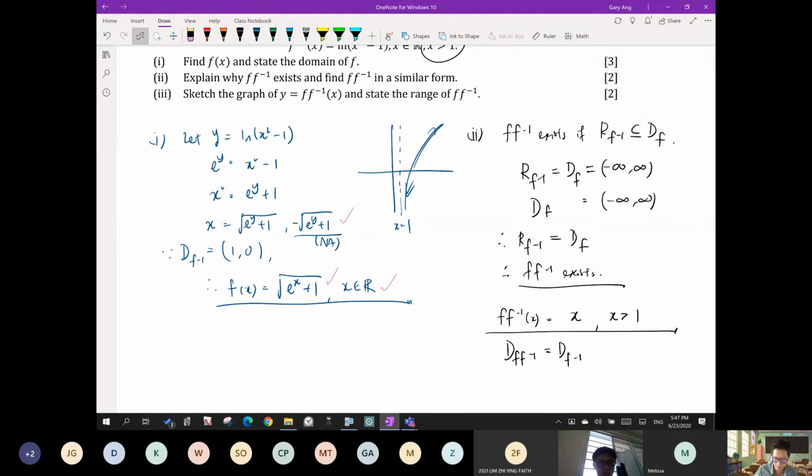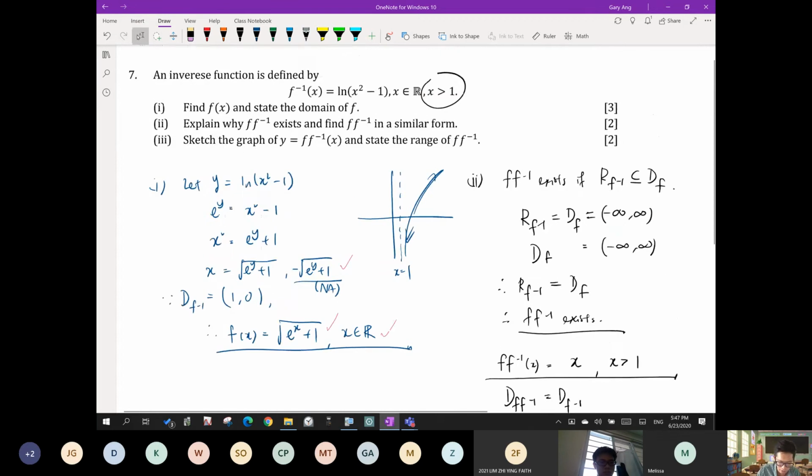Important to understand that f inverse f is x all the time. Don't need to work it out. You know what some people do? They will substitute this inside here, and then they get stuck. Even if you don't get stuck, you are very clever, you simplify, you end up getting x. Trust me, you end up getting x. It is x. What are you talking about?